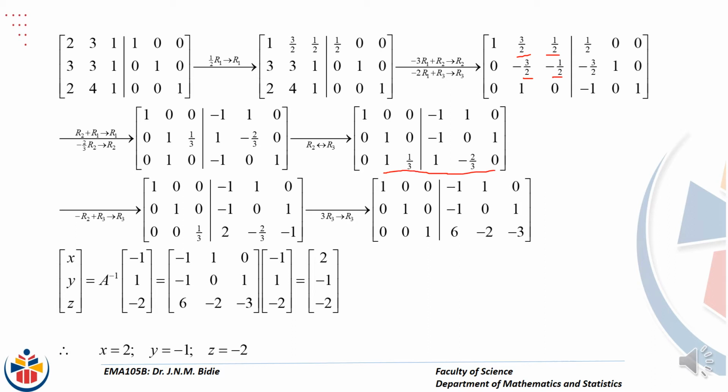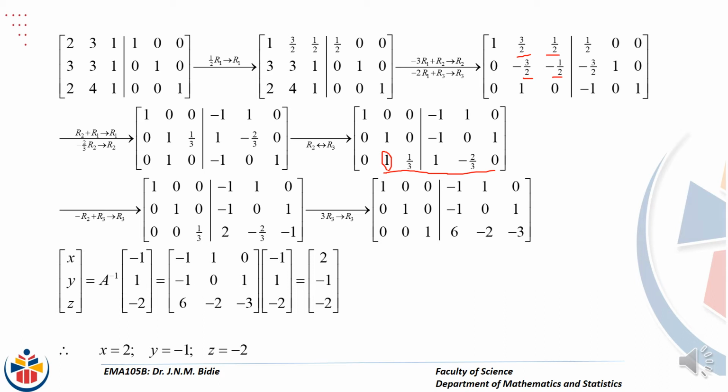And then thereafter use now our new row 2 to eliminate the 1 in the third row. So that means it's negative row 2 plus row 3, substitute in row 3, and then we end up with 1/3 as the only entry in the matrix A that needs to be changed to 1.